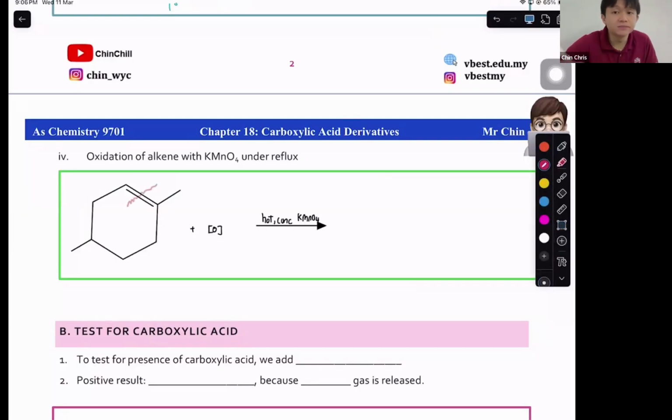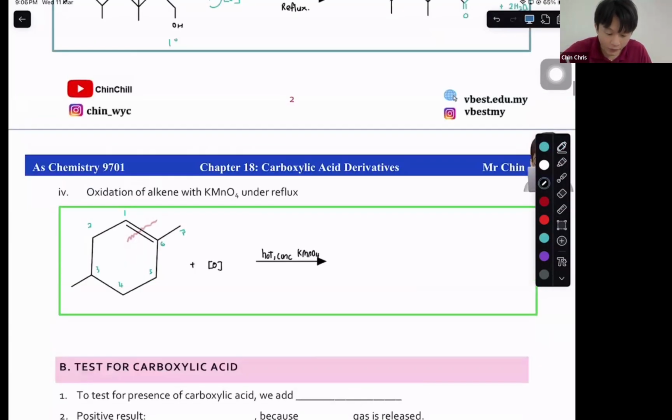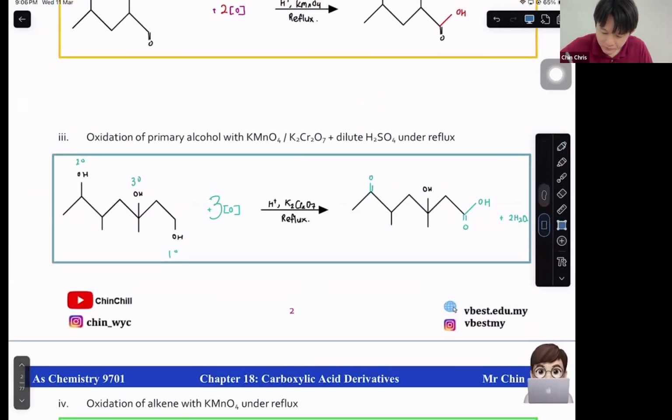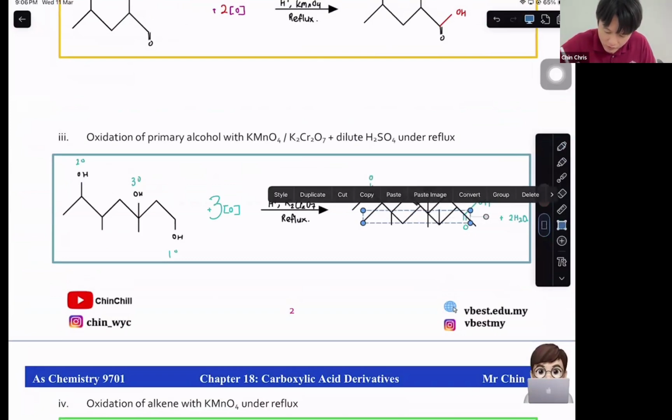Hey guys, you cut it here, yeah. And when you see a cyclic, I did mention to you many times, put numbers. Okay, so it's going to be 6, 7 carbon, yeah. 6, 7.